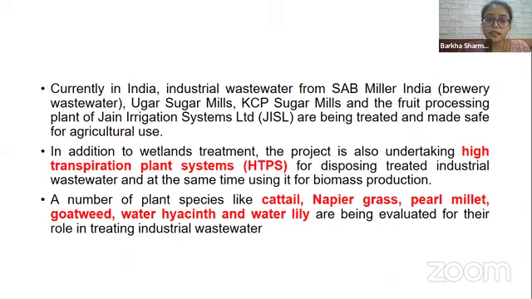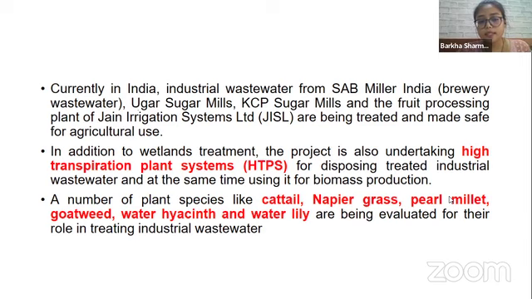Currently, industrial wastewater from Saab Miller, India, Ugar sugar mills, KCP sugar mills, and food processing plants of Jain Irrigation Systems are being treated and made available for agriculture use.